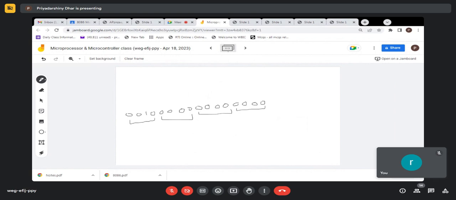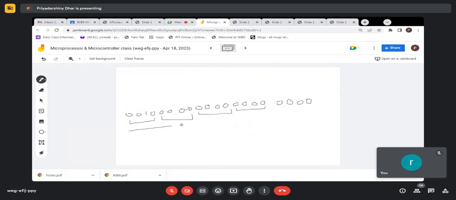So we add 0000 here, because it is shifted 4 times. Clear?